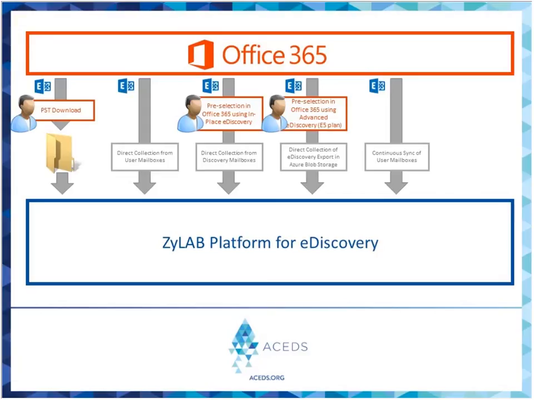even if the processing is almost totally automated, as we do in ZyLAB. Now, in such a case, what you can do is a continuous sync of selected mailboxes. You shouldn't do this for all your mailboxes, but just for the people that are being e-discovered, like every week, and you can take a sync of their user mailboxes and process it. Whenever you deal with errors, deal with them at that moment in time, not under the pressure of an e-discovery during a long holiday weekend.